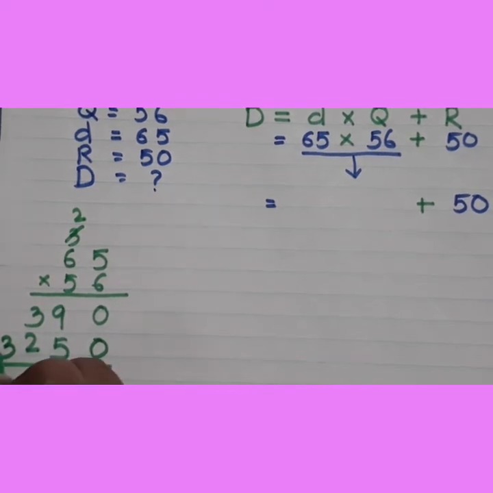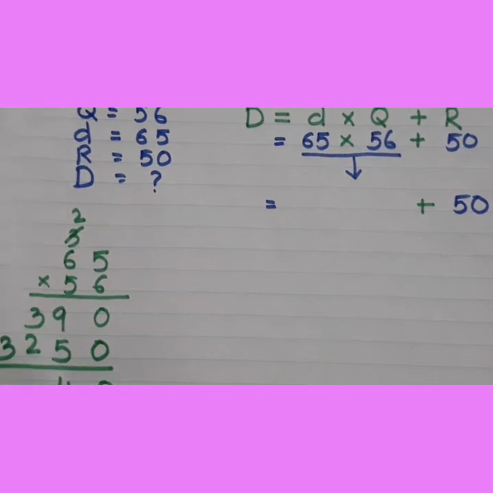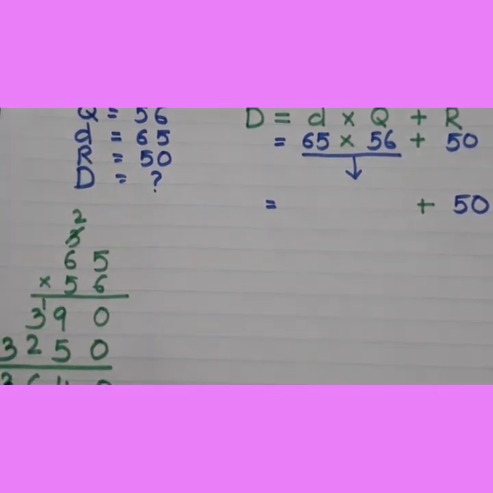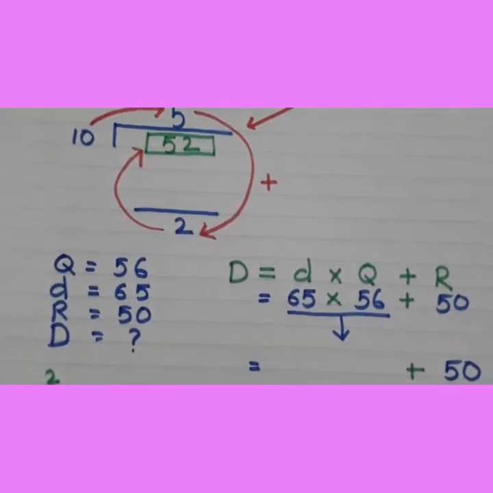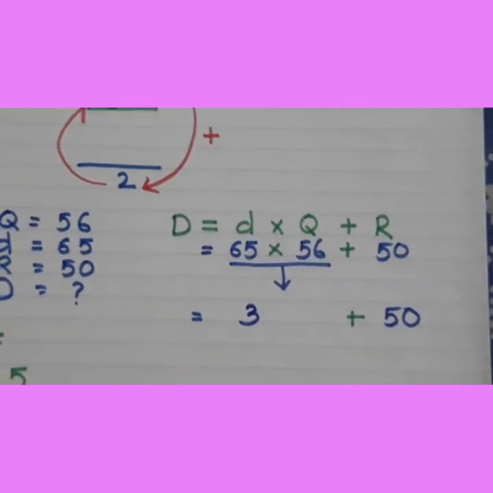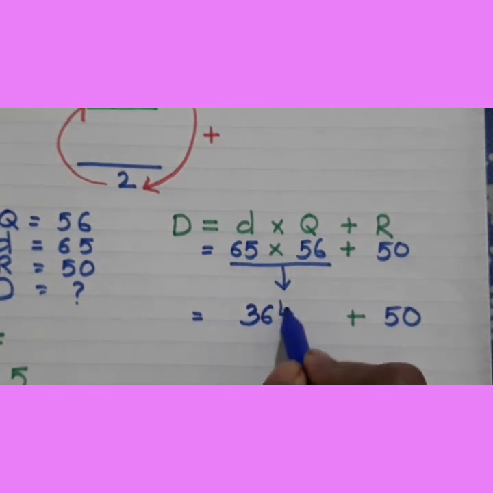And then we add up. So what's the answer? 0, 4 plus 0 is 4, 9 plus 5 is 14, 4 carry 1. 3 plus 1, 4, 5, 6 and then we have a 3 here. So we got the answer 3640, which should be written over here. 3640. And then what is the dividend?